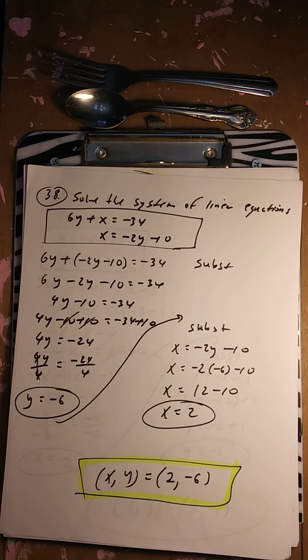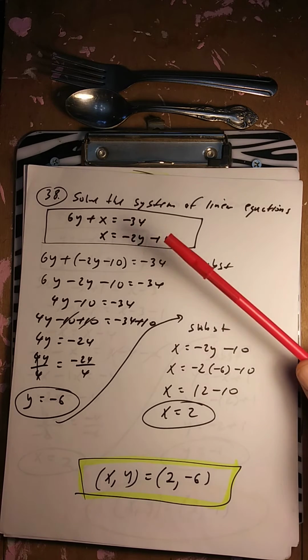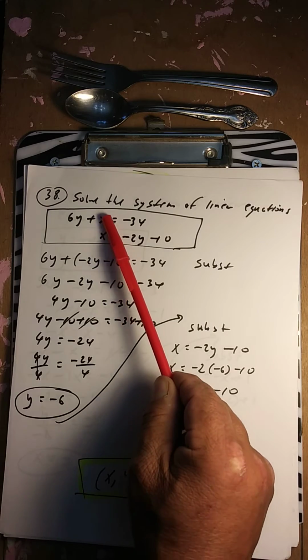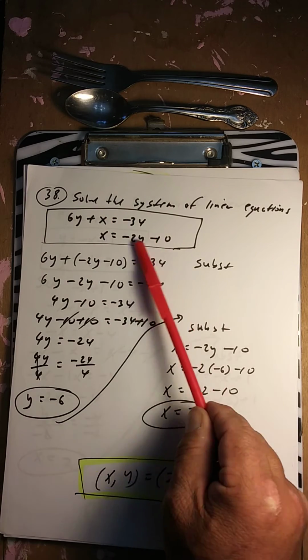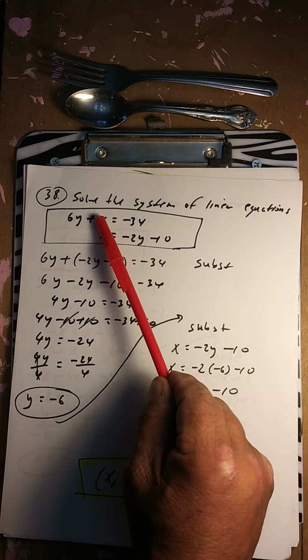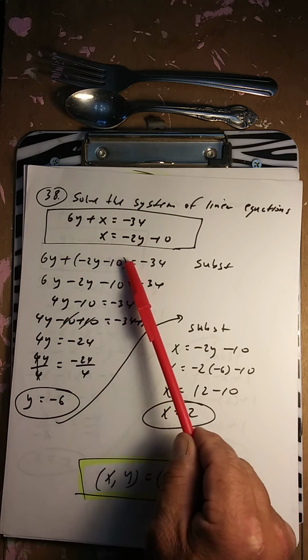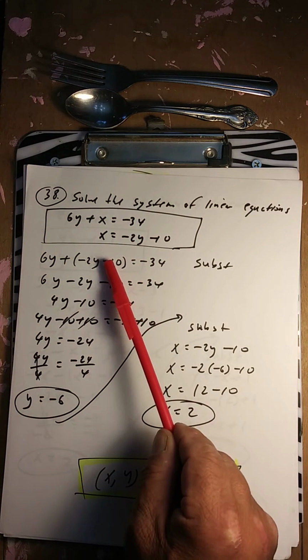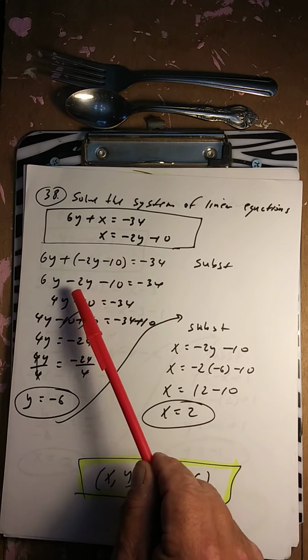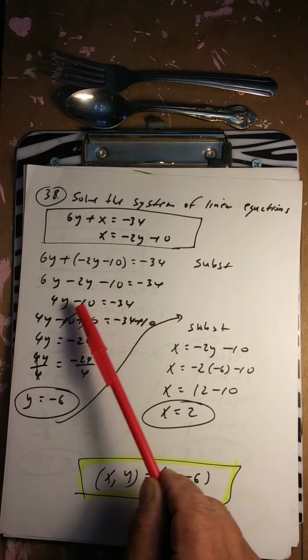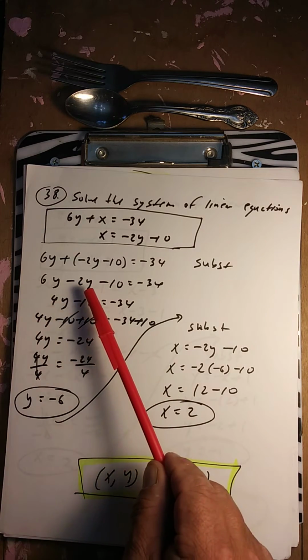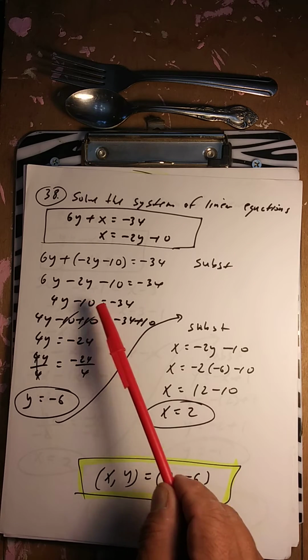Solve the system of linear equations. What I'm going to do is substitute. See this x right here? This x equals this. I'm going to put this in there. So 6y plus, instead of x, replace it with this. So now we have 6y minus 2y minus 10. That's just going to give you 4y minus 10.